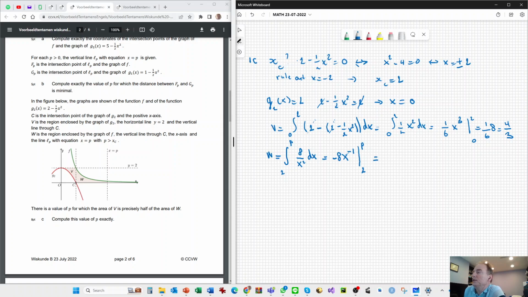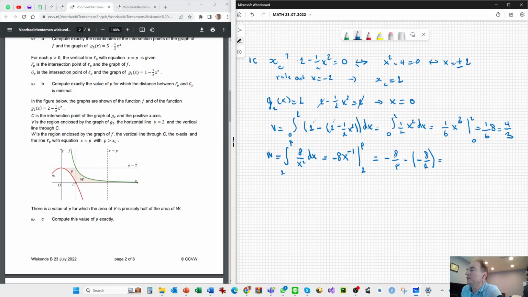So I evaluate it at p, then subtract this at 2. So at p I get minus 8 over p, and minus that thing evaluated at 2, which is minus 8 times 2 to the power minus 1, so minus 8 over 2.